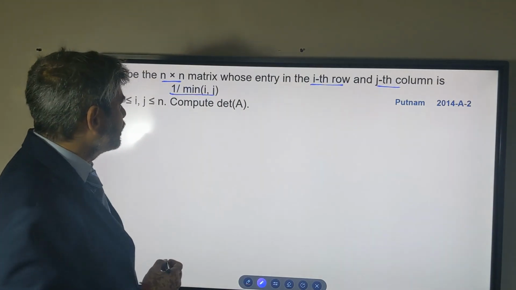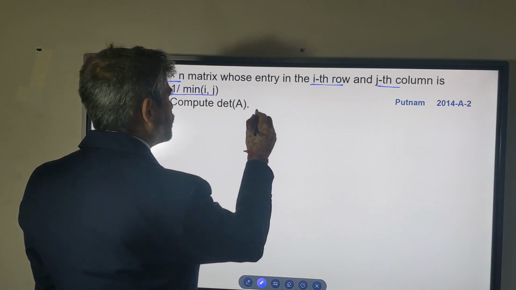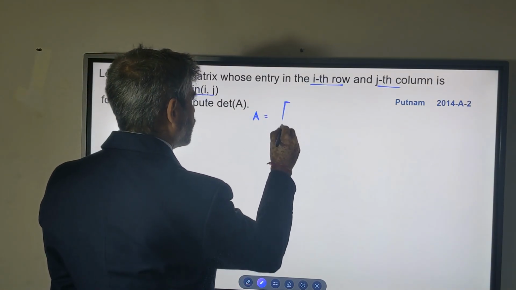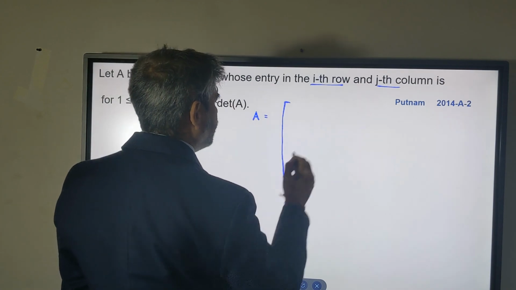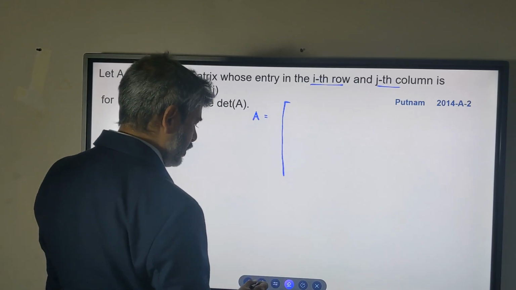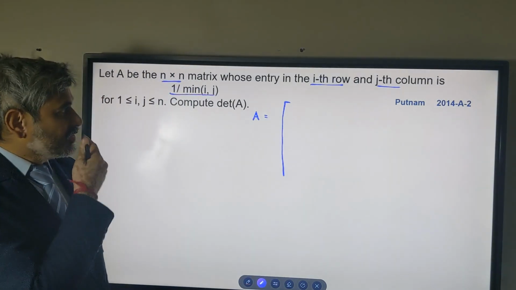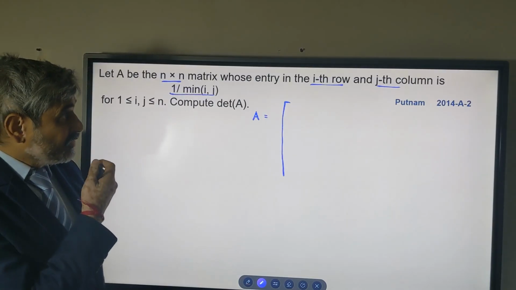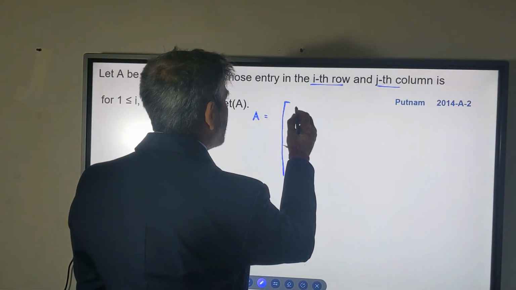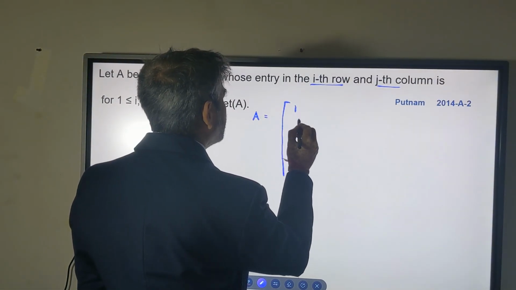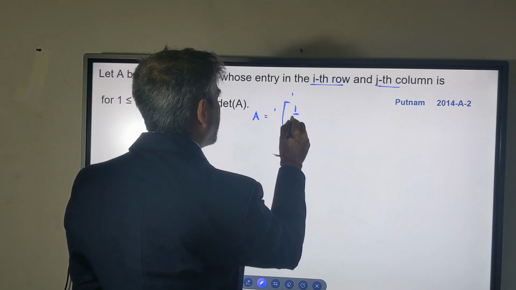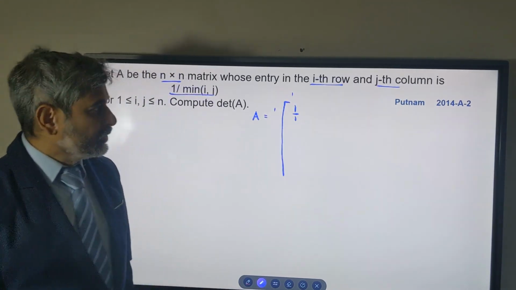So I will start with, let's say, this matrix A is equal to, and we will try to write a big matrix, we don't know how big, and start putting in the entries. So let's say we go to the first column, and if it's a 2 by 2, then this entry is going to be 1 upon min of 1, 1, which is 1, so this is 1 upon 1.